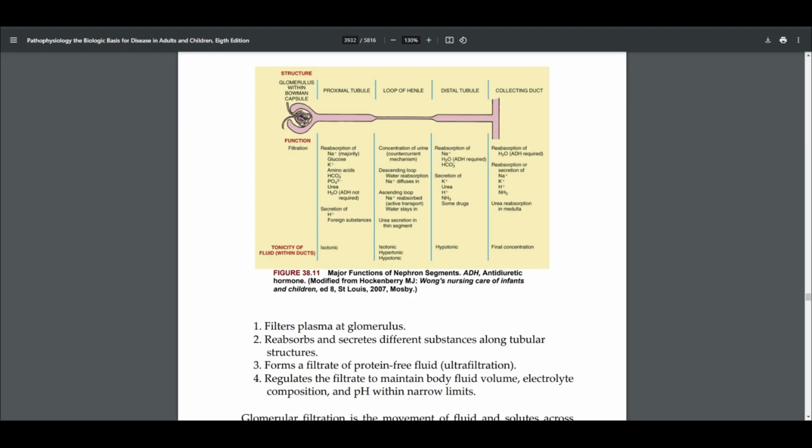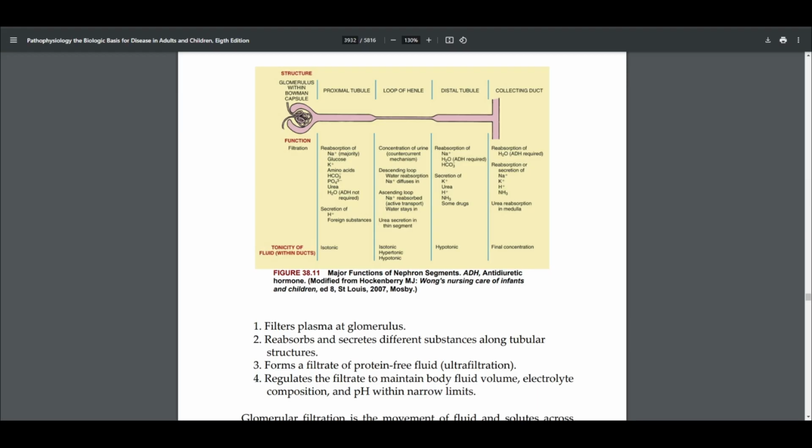However, we can have an isotonic, hypertonic, or hypotonic solution there. Then in the distal tubule, we have the reabsorption of sodium, water, and bicarb, and the secretion of potassium, urea, hydrogen, your NH3, and some other drugs. And it's relatively a hypotonic solution there.